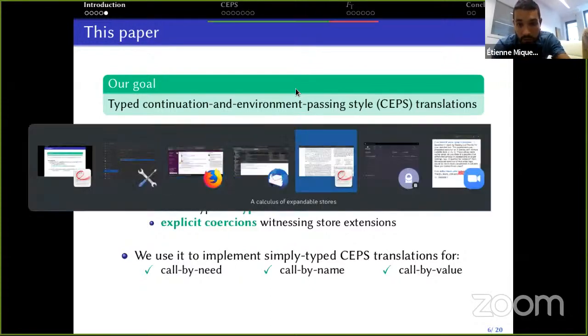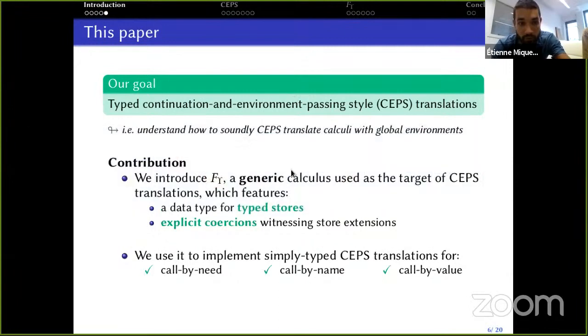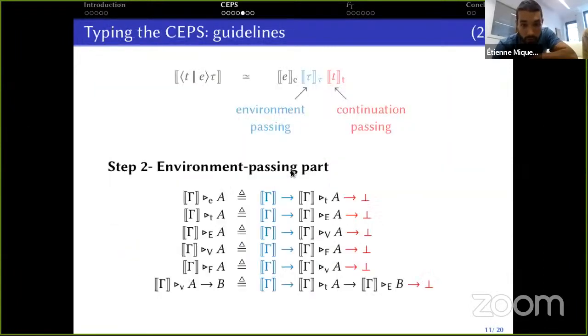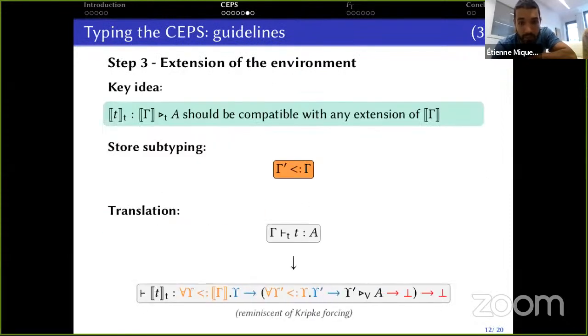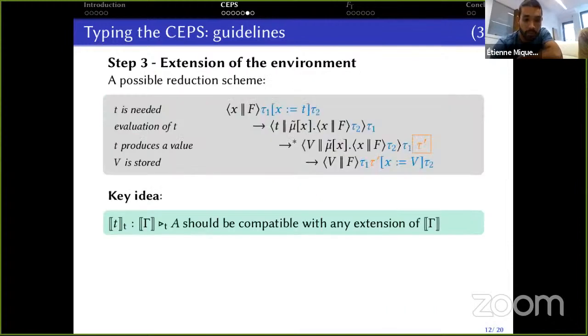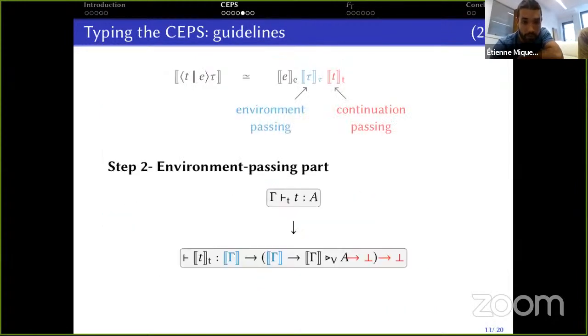Let me find this, just to have a glimpse at how the translation is working. So maybe we can start here.